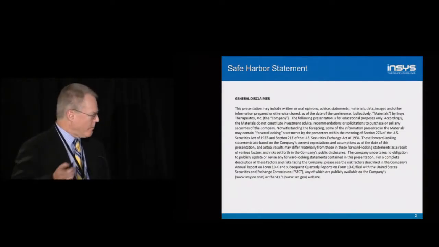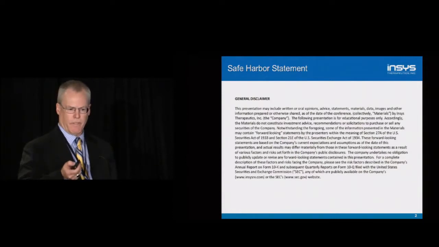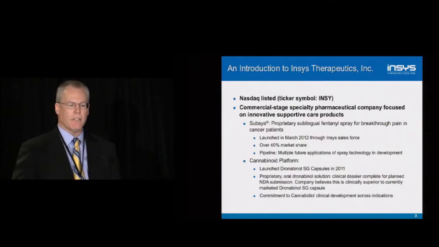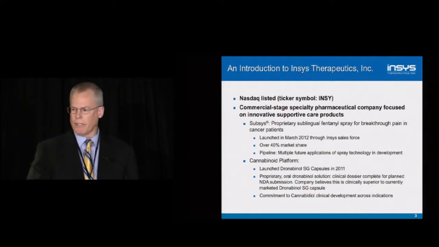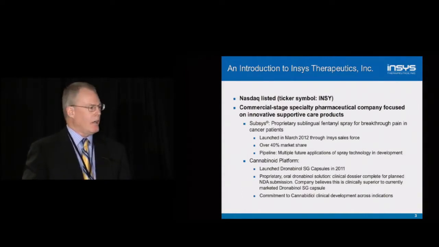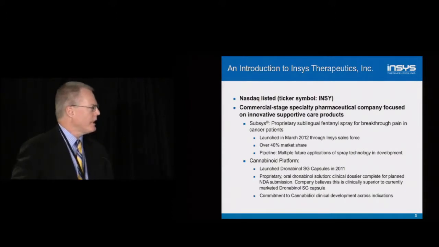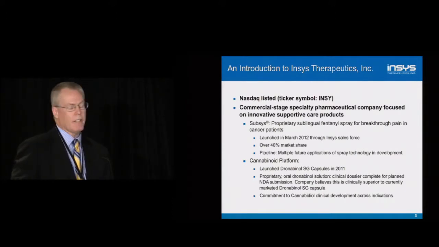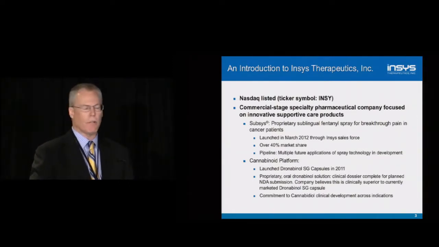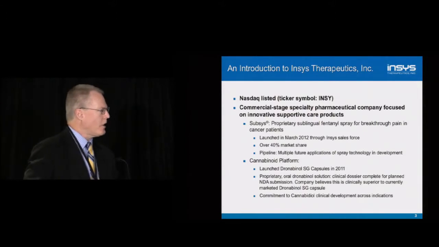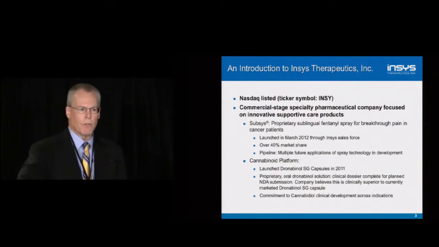Given that I only have 6 minutes, I promise not to read this slide word for word. As an introduction to INSYS Therapeutics, we are a commercial stage pharmaceutical company, and we have products that we are using in cancer settings. Specifically, we're using a proprietary sublingual spray technology for fentanyl. And we're using that same technology for multiple platforms and looking at other opportunities for that proprietary delivery system.